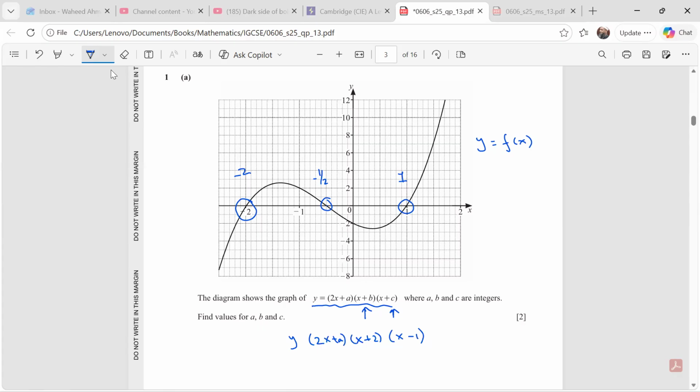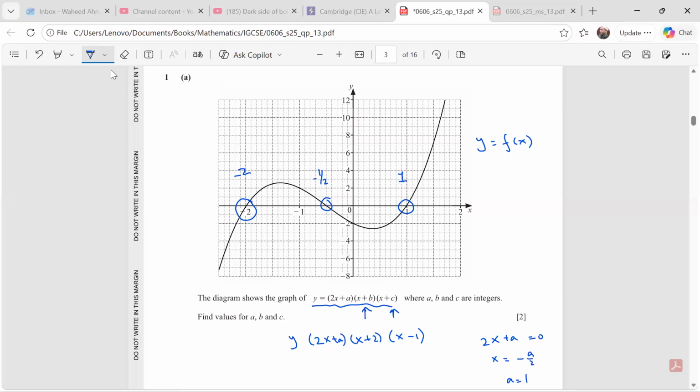Now this 2x plus a corresponds to this point. So you can see that 2x plus a is 0, so x is equal to minus a over 2, right? And we know that the value of x is minus half, so you can see that a is equal to 1.